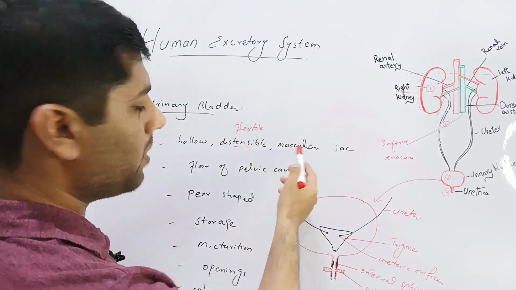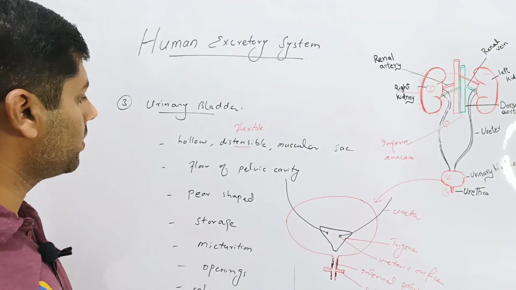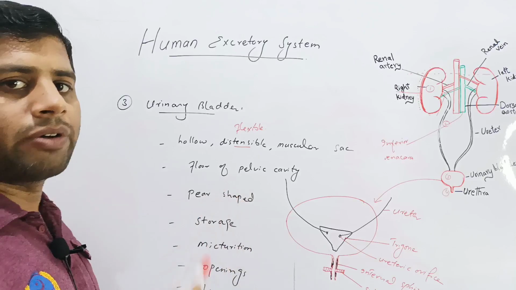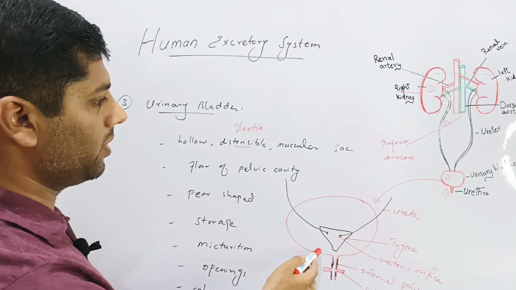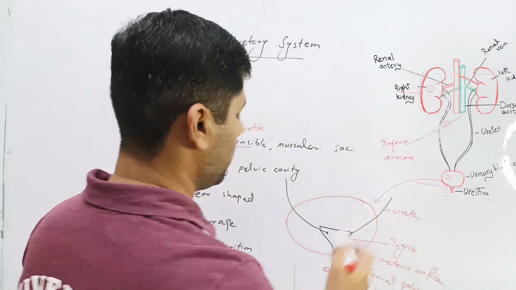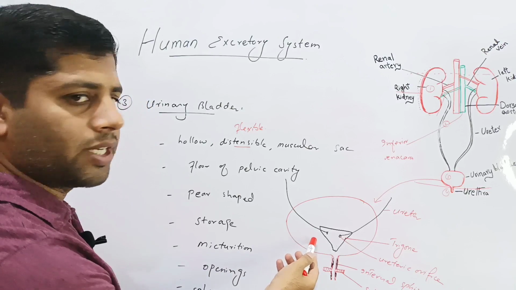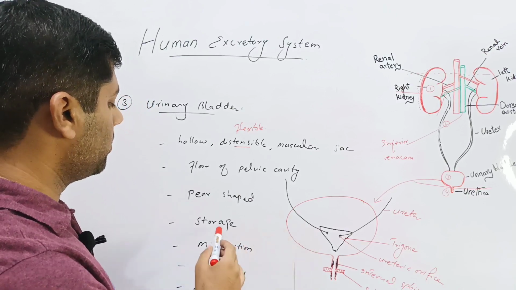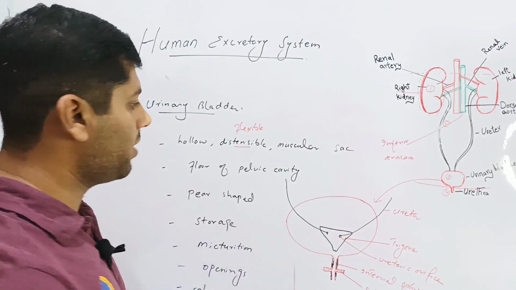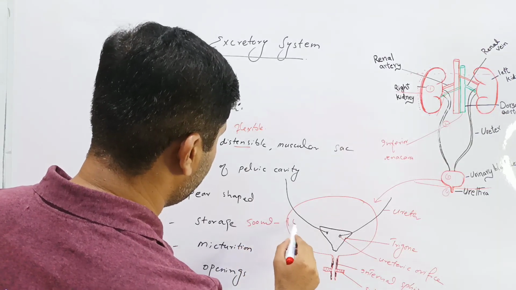So this is also made up of smooth muscles. It is a hollow organ to accumulate urine. It lies in the floor of the pelvic cavity, just below the abdominal cavity. As it is pear-shaped, when it is empty, it can store 500 ml to 1 liter of urine.